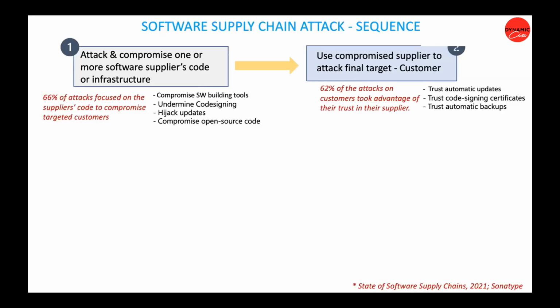You buy software from a supplier, say IBM, and you trust that whatever updates come from IBM related to that software are okay. You trust automatic updates, you trust code signing from that supplier, and you trust automatic backups. And 62% of the attacks have taken advantage of this trust.